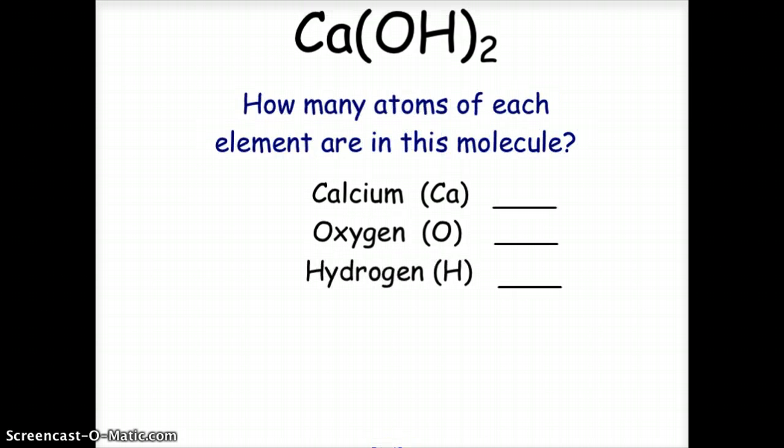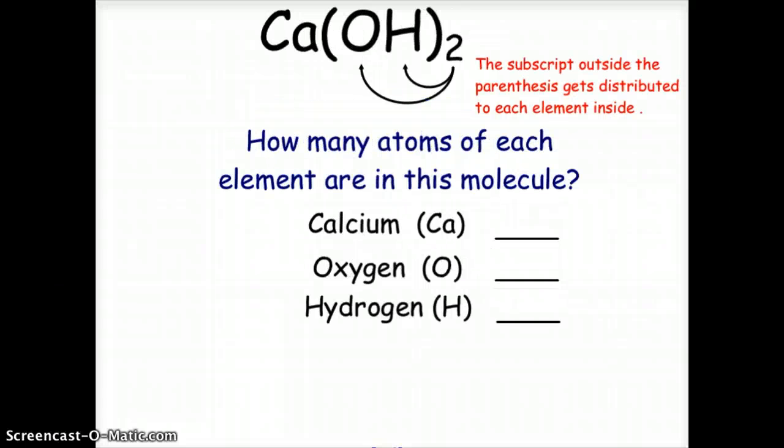So now we're going to count how many atoms of each of those elements are present in the molecule. Now what we need to understand is that the little 2 outside of the parentheses tells us we have actually 2 units of the hydroxide, the OH, so that 2 gets distributed inside.